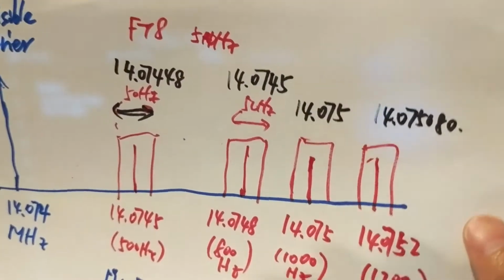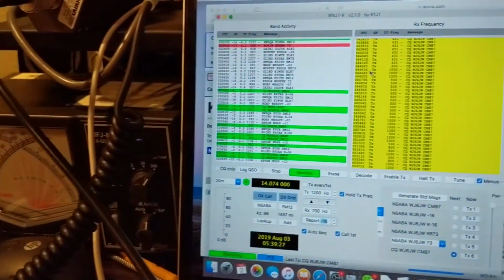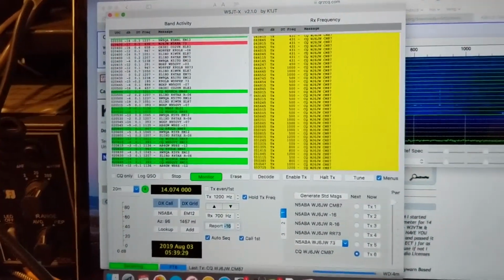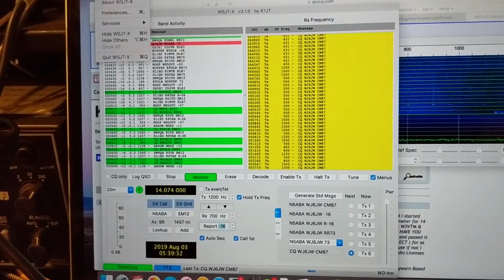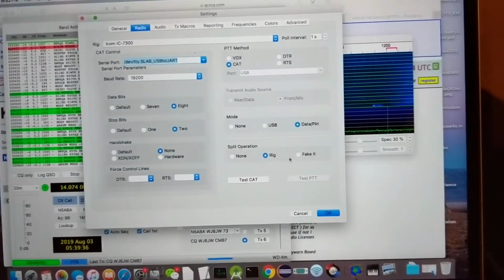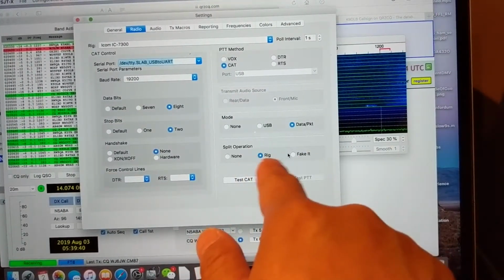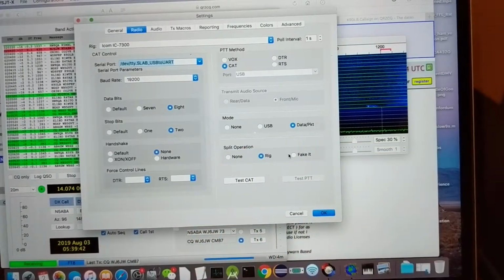That gets to a second concept. Remember in the audio, let's look at the setting. In the radio, you can say Fake It or Rig. What does that mean? This is the split operation. Let's talk about Rig.